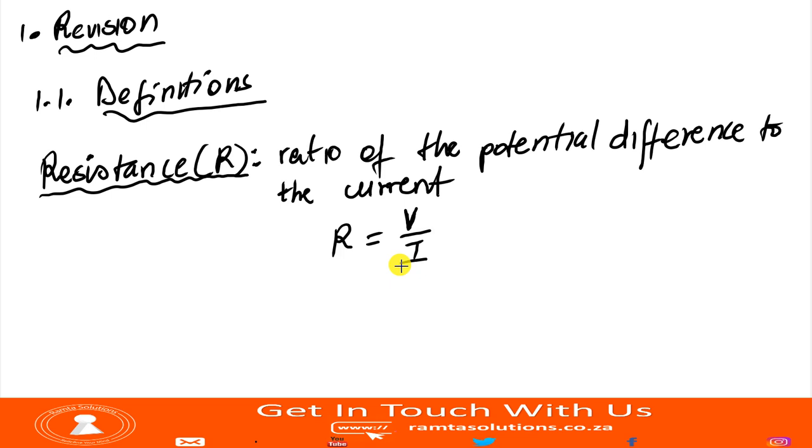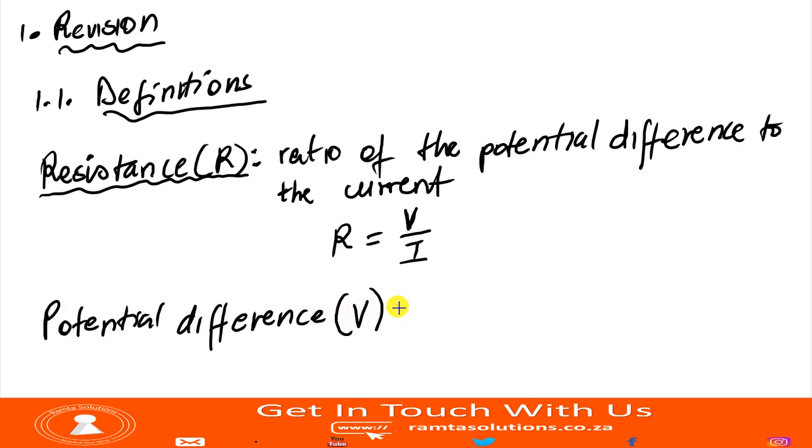Perfect. Now let's look at voltage, which is potential difference. Potential difference we symbolize with the letter V, and you can also use the word voltage.